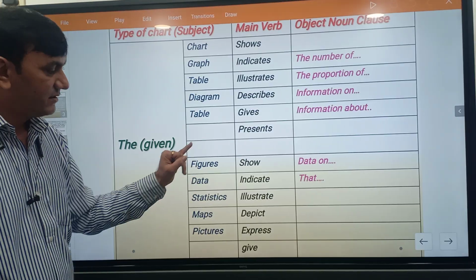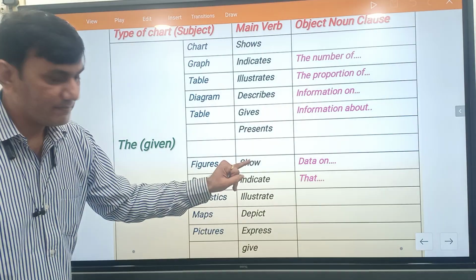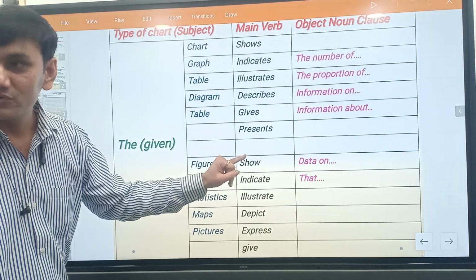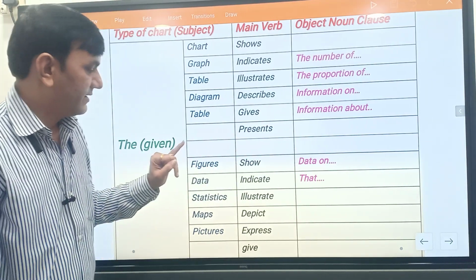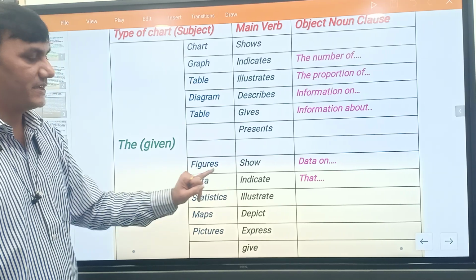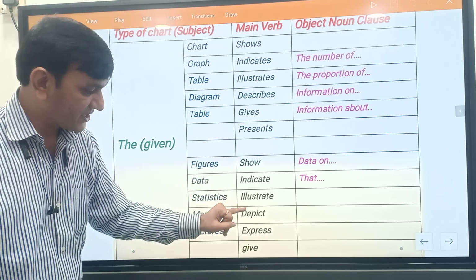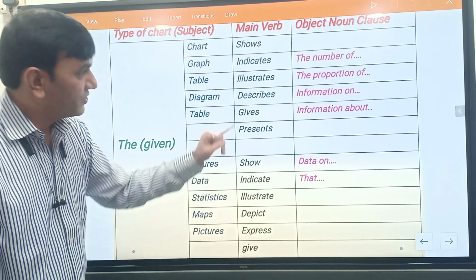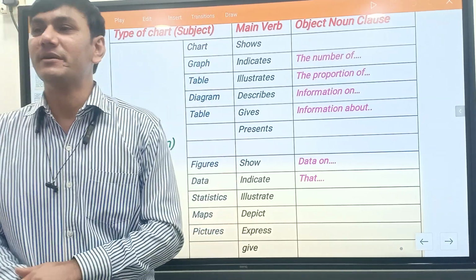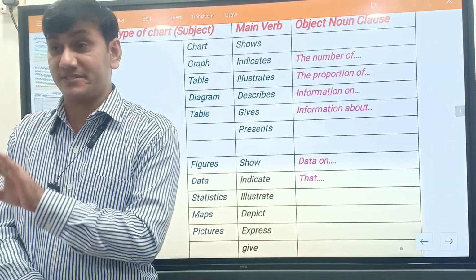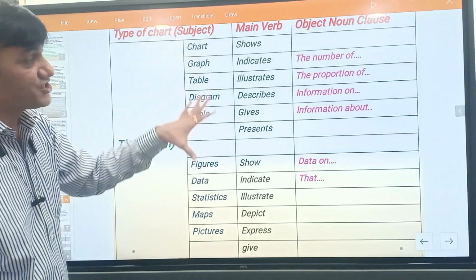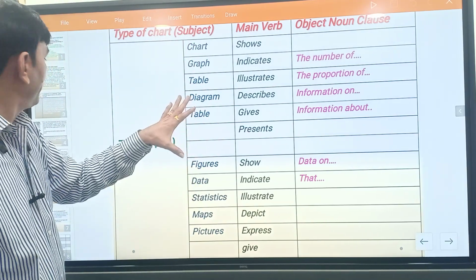For plural, the subject will be plural, verb without s or es, that we know about simple present tense. Then data on, then data indicate, statistics illustrate, maps depict, pictures express or give. These are all synonyms, all similar verbs. So you have to prepare this chart completely. I will send you, okay?